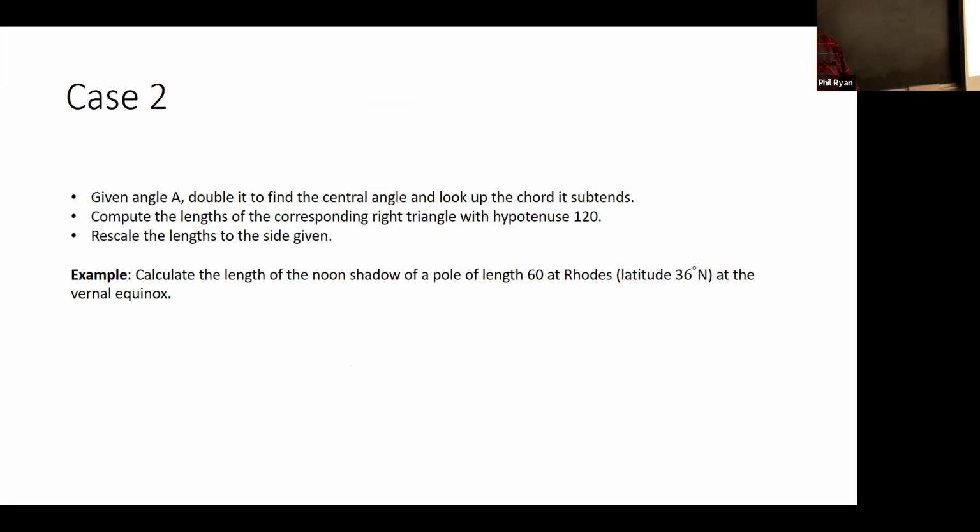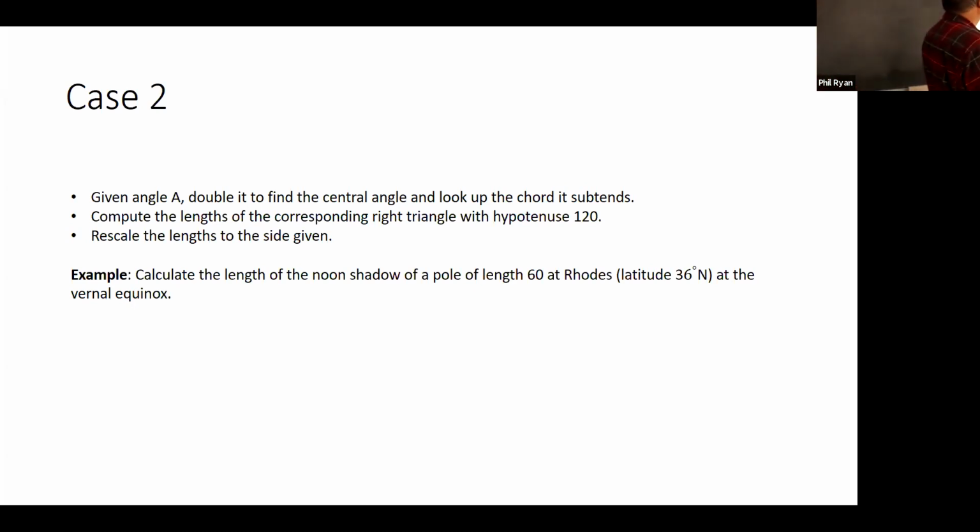And so you then go, given the angle, you double it to find the central angle, and you look up the chord that it subtends. You find the lengths of the corresponding right triangle, which has hypotenuse 120, and then you rescale back to what your right triangle is. So let's do a problem.